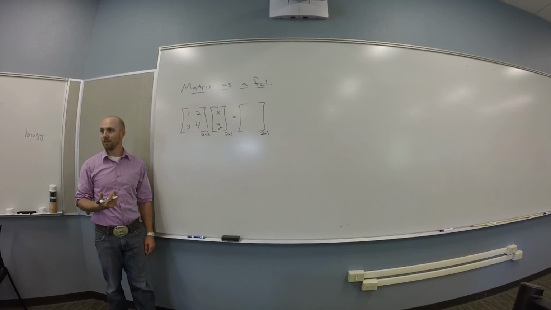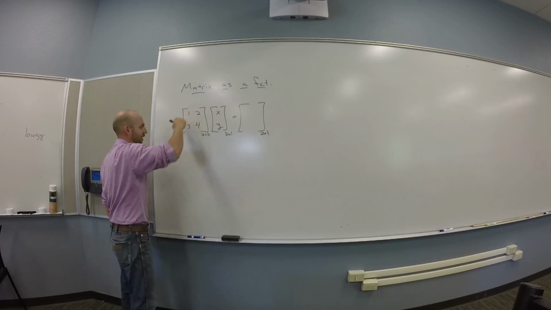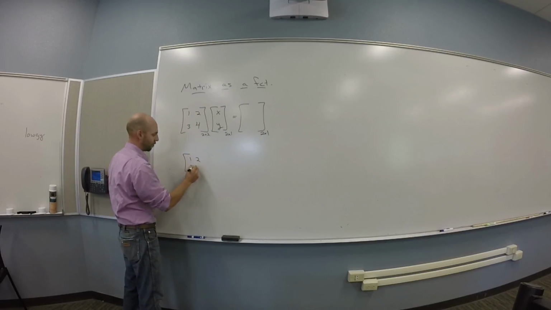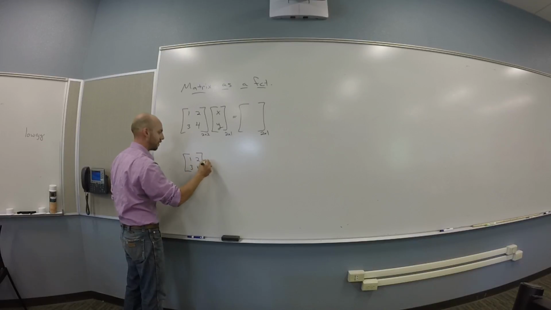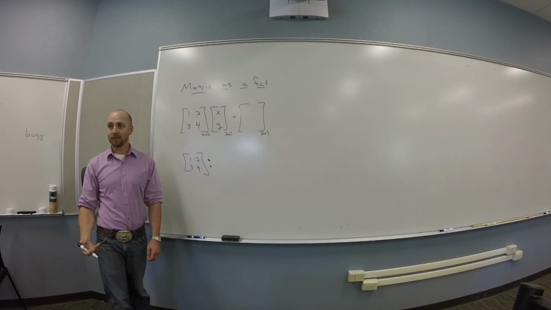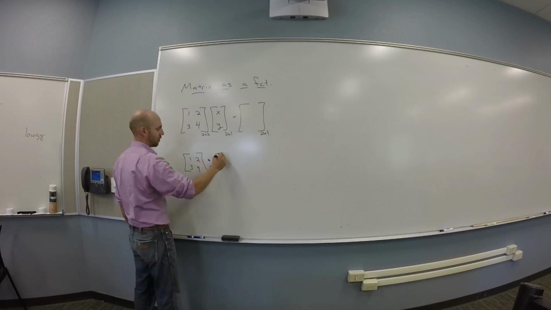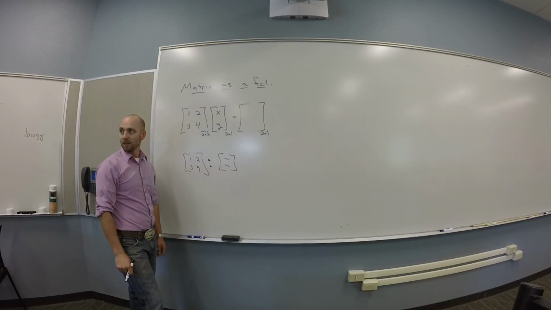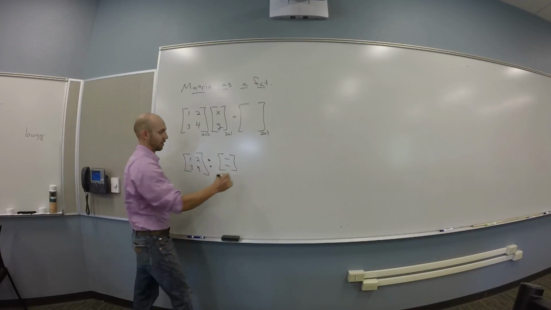You guys see that? So this thing, right, my 1, 2, 3, 4, 2 by 2 matrix, has a function, takes in vectors that look like this, right? And what does it output?